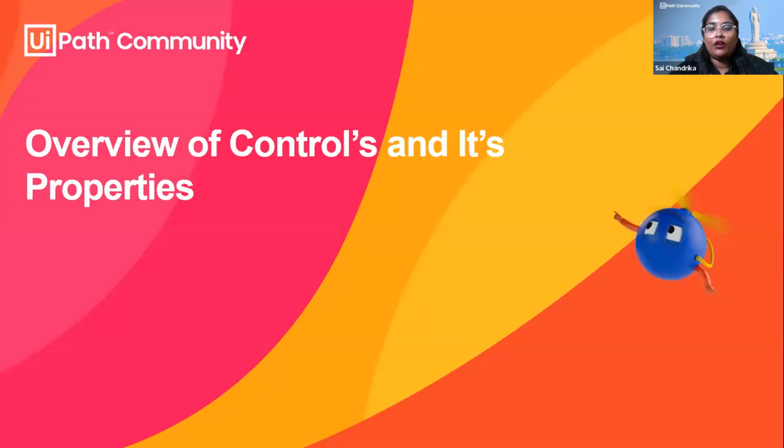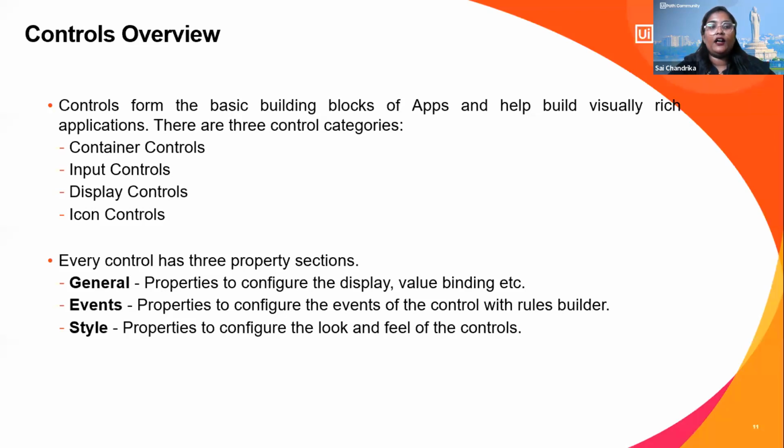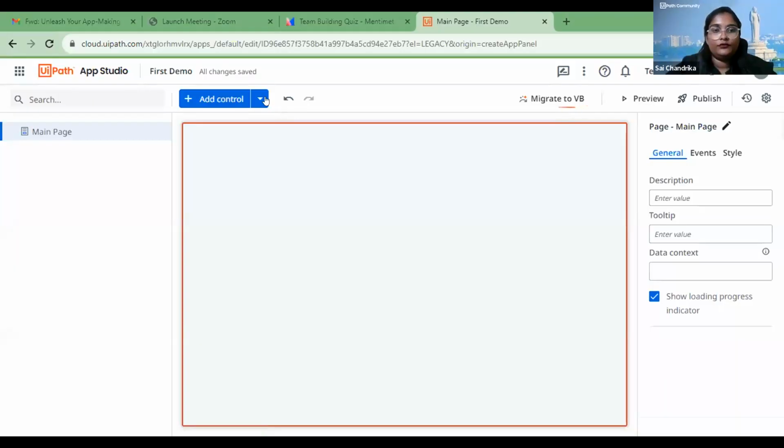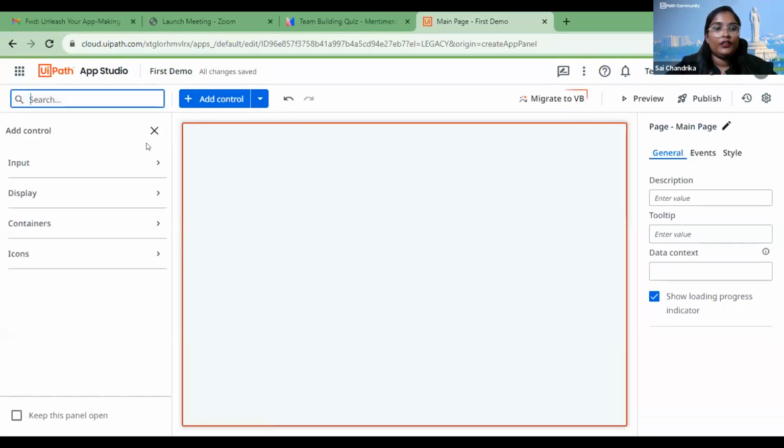Now coming to the overview of the controls and their properties, we have mainly four controls: container, input, display, and icon. I'll show you. When you click on add control, you can see the four controls which I have talked about right now.